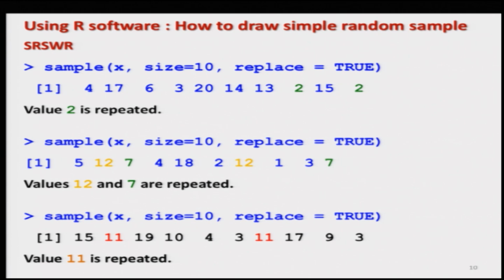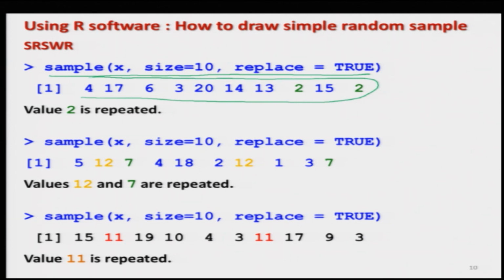So, if I try to use the command sample on x with small n, that is size equal to 10, and replace equal to true, that is SRSWR, in that case I get an outcome like this one. I have got 10 values which are chosen from the data vector x consisting of the values 1 to 20, and here you can see that the value 2 is repeated 2 times.